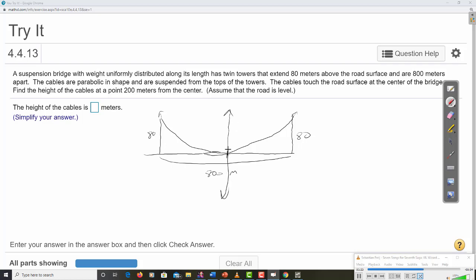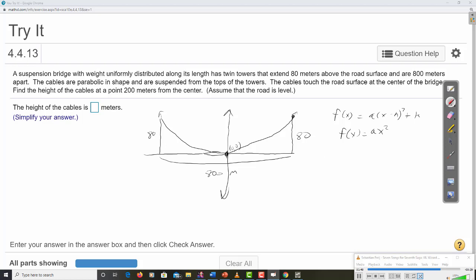So this point then is 0, 0. The reason for that is that's the vertex, so then I can use my vertex form. And it's pretty easy to use because the h and the k are both 0. So we just have f of x equal ax squared.